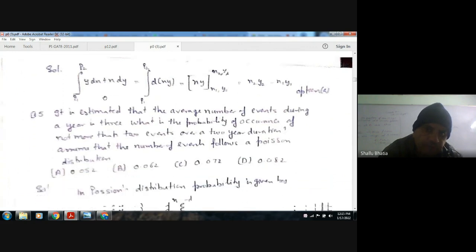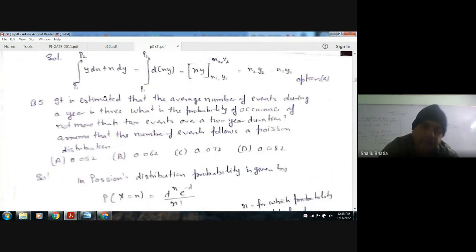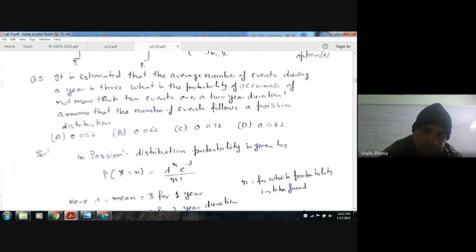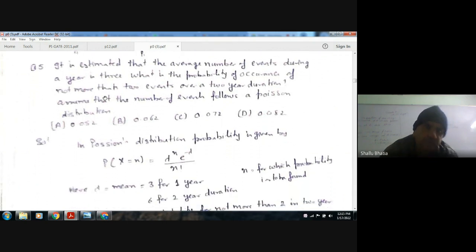Next. It is estimated that the average number of events during a year is 3. What is the probability of occurrence of not more than 2 events over a 2-year duration? Assume that the number of events follows the Poisson distribution. Option A 0.052, option B 0.062, option C 0.072, option D 0.082.